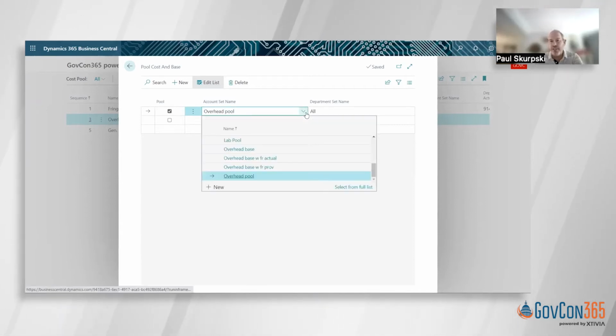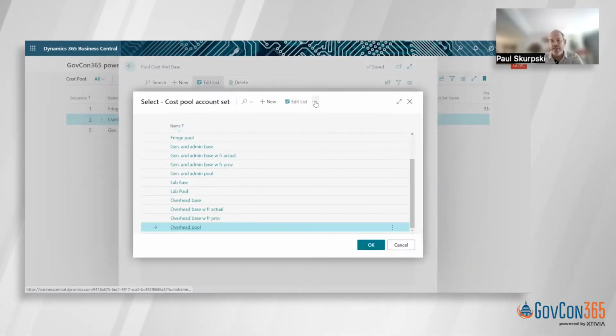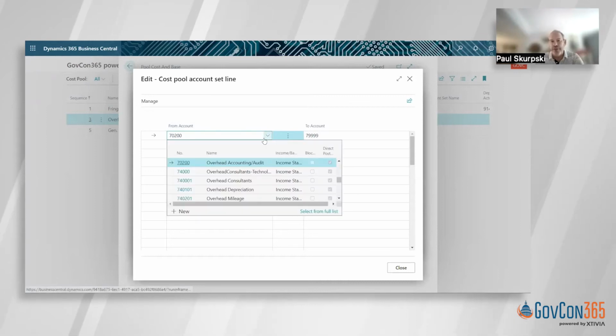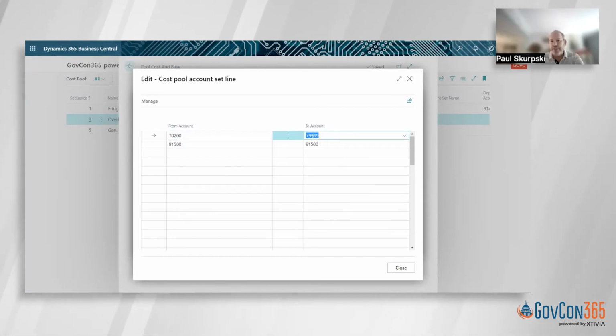Within that pool setup, you're going to see your overhead pool. And then from there, we define what specific accounts are included. So in this example, it's a range of accounts. So from 70,200, which is our overhead accounting and audit section, through 7,999, which is our final overhead account within our GL structure, all of those overhead costs are accumulated in that pool.